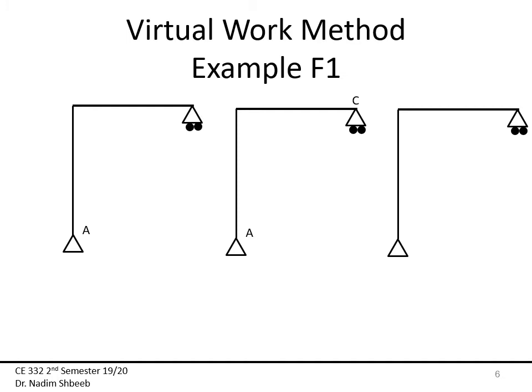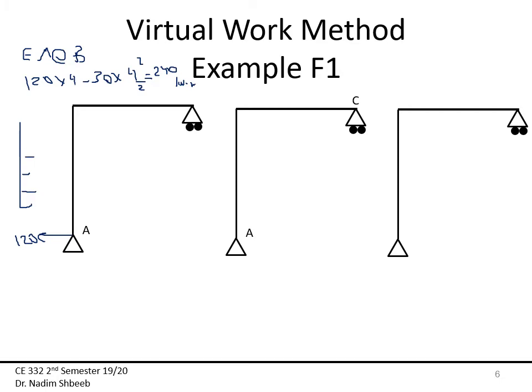So to draw the moment diagram, as you remember, we had the 120 kilonewton, and here we had the distributed force. So I'm going to take the summation of moment at B, and that would be simply 120 times 4 minus 30 times 4 squared over 2, and then you're going to get 240 kilonewton meters.